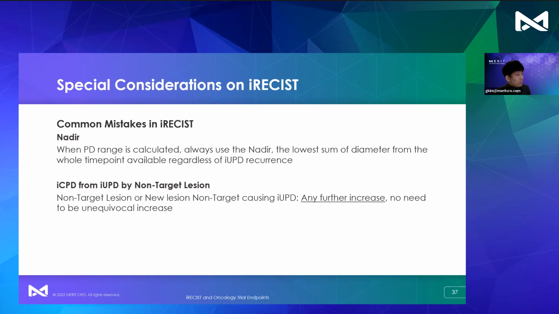And another thing is ICPD from IUPD by the non-target lesions. In this case, if the non-target lesions or the new lesion non-target has caused the IUPD, and an ICPD is assigned at a next time point, it will be any further increase, and it has no need to be an unequivocal increase.